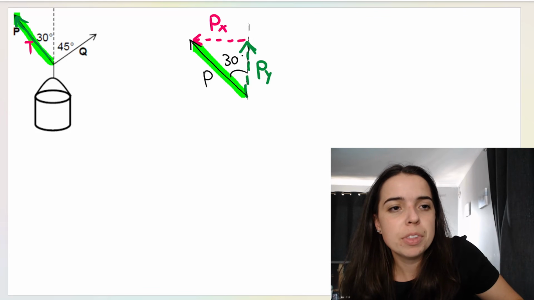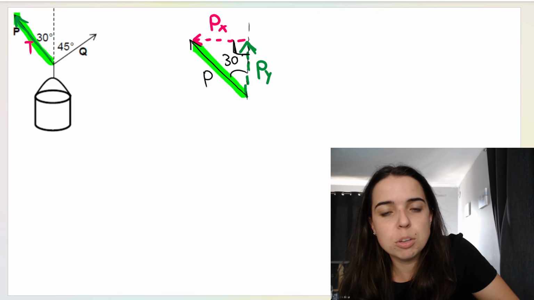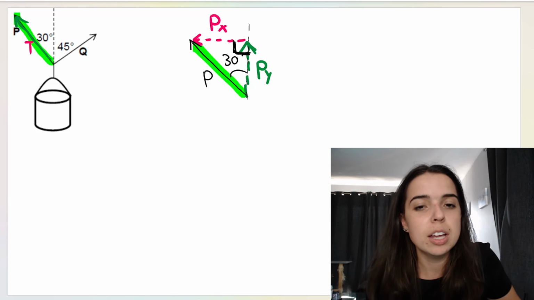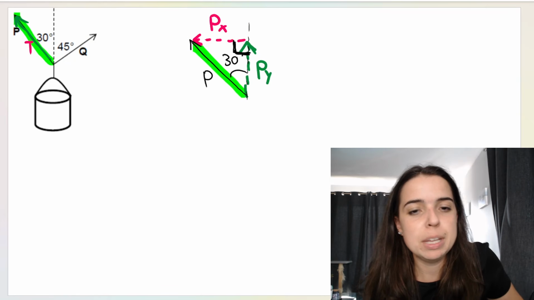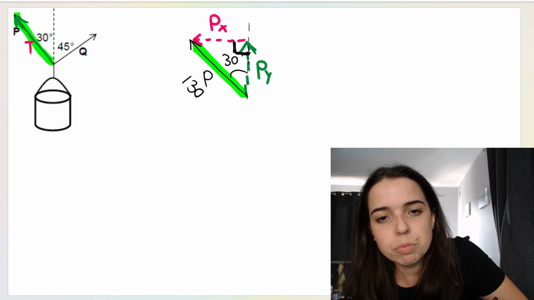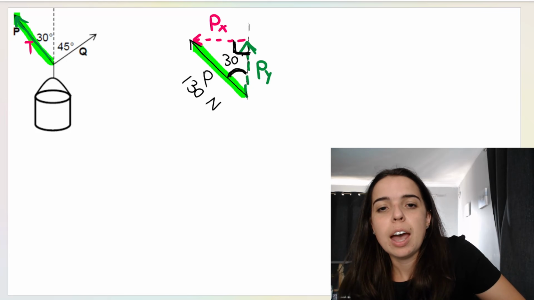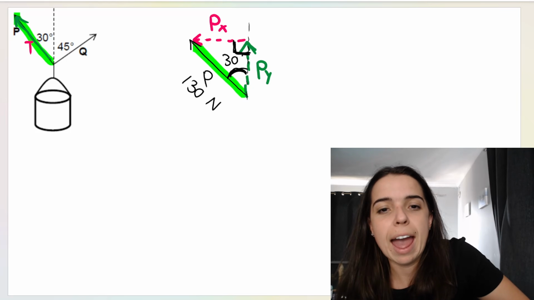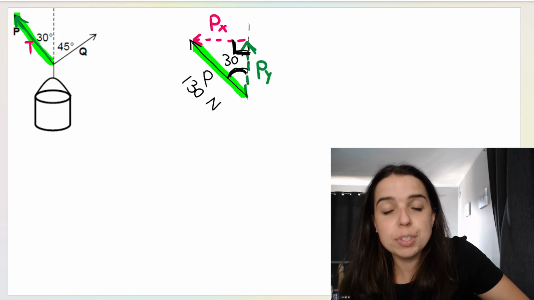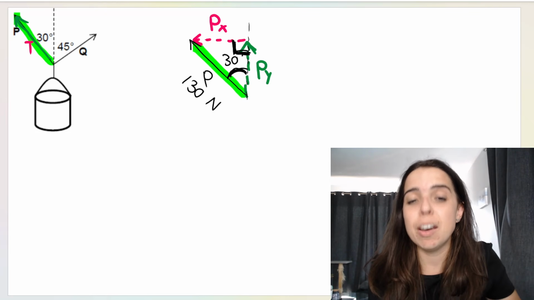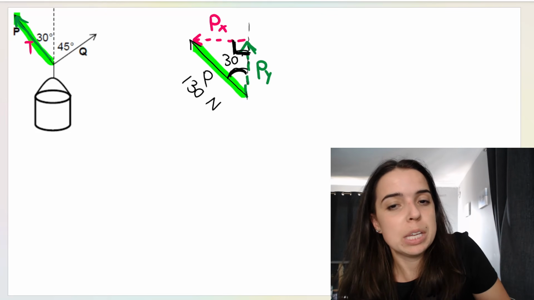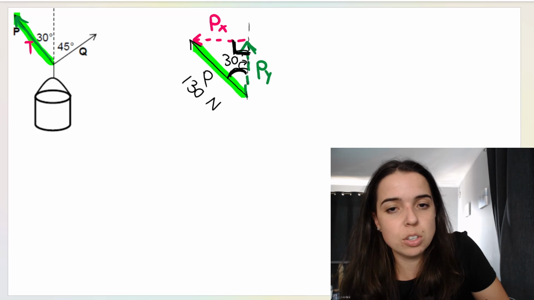So how do I find PY? Well, remember, this would be a 90-degree triangle. So between the X and the Y is a 90-degree triangle. They gave me the magnitude of P: it is 130 Newton. So if I'm using this 30 degrees and I look at my triangle, I have the hypotenuse. Opposite the 90 degrees is the hypotenuse. I'm looking for PY, which is adjacent to the 30 degrees.